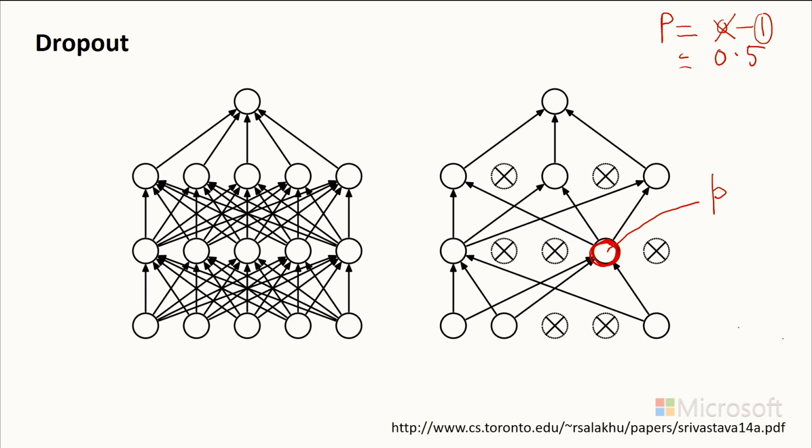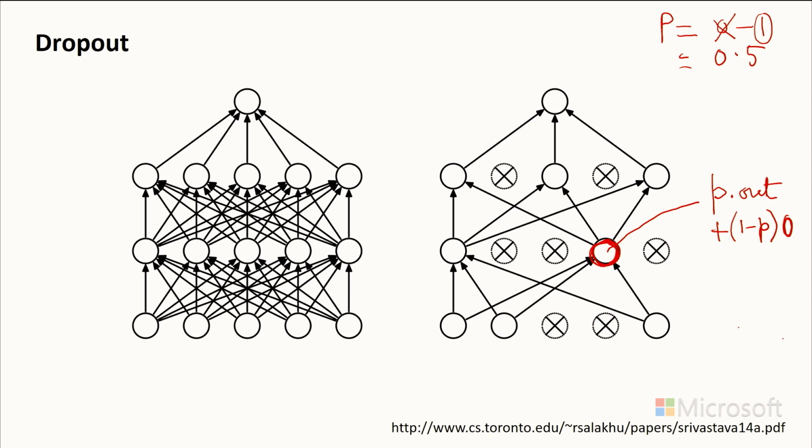In other words, the output that would come out of this node would be scaled by the probability that you pass in as a parameter. So the output would be chosen p times the output, and 1 minus p times the node is not chosen, and the output would be 0.